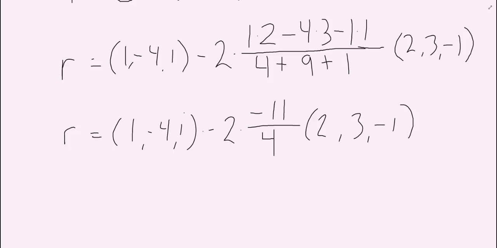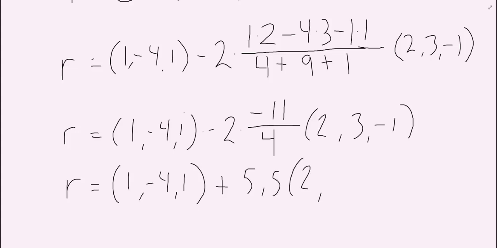So if we put the minus 2 times and the minus 11 in here, we have r equals 1 minus 4, 1 plus 22 divided by 4, that's 5.5, plus 5.5 times 2, 3, minus 1.